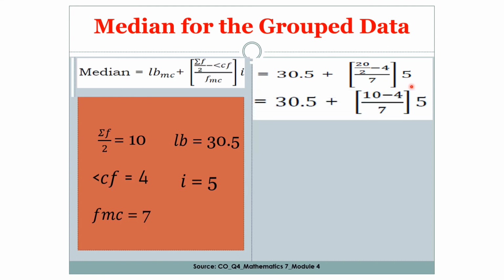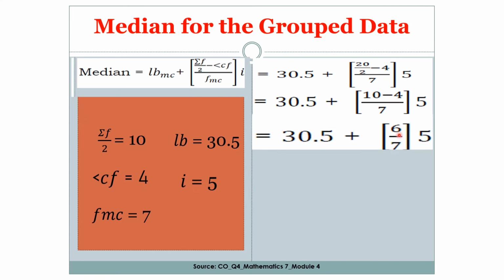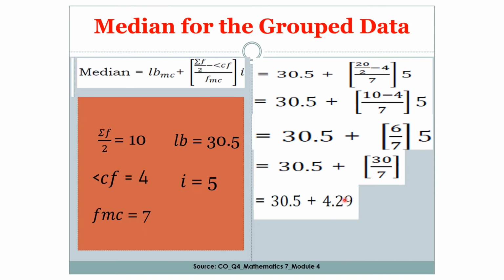Calculate first the values in the grouping symbol. So 20 divided by 2 is 10. Then 10 minus 4 is 6. Then multiply 6 and 5. That's equal to 30. Then 30 divided by 7 is 4.29. And lastly, add 30.5 and 4.29.